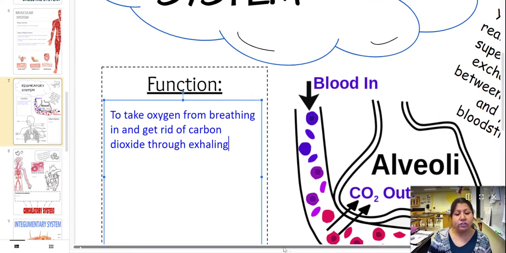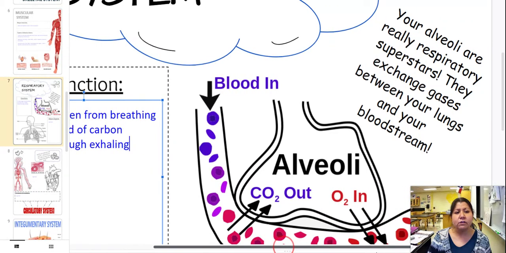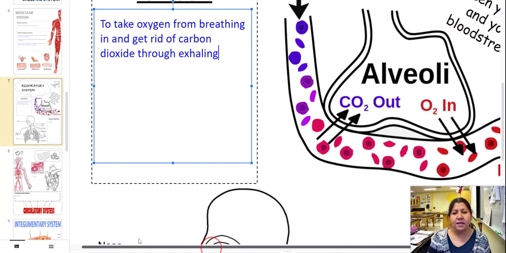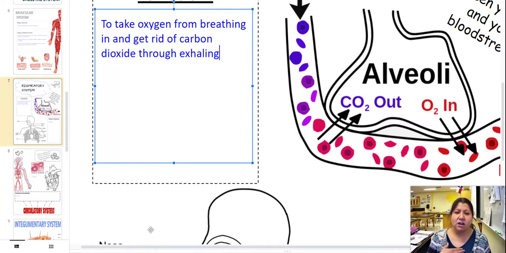How that interchange occurs, we have these little things called alveoli, and these things are awesome. As we're breathing into our lungs, these little alveoli will allow blood to come and pick up the oxygen as well as drop off that carbon dioxide. So we just need to remember that that major function is to take in oxygen from breathing in and to get rid of carbon dioxide through exhaling.